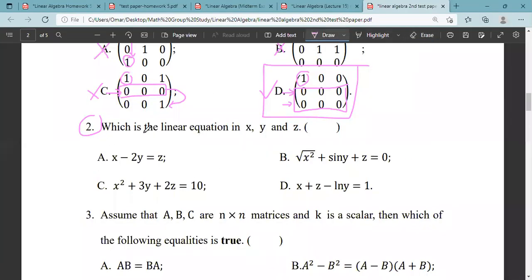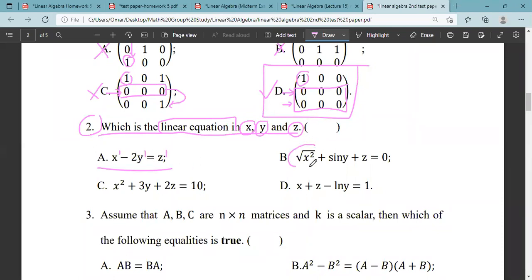Which is the linear equation in x, y, and z? So linear equation means the power of the variables needs to be 1. Like here the power of x is 1, power of y is 1, and power of z is also 1. So this is a linear equation.